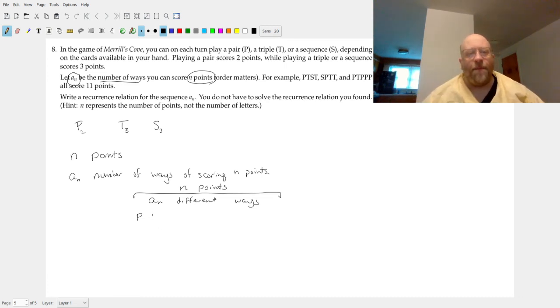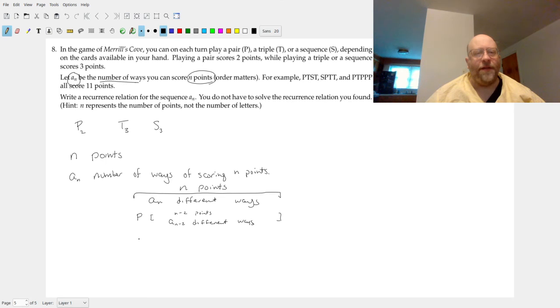But if we start with a pair, then what's left is to score n minus 2 points. And if A sub n is the number of ways of scoring n points, then A sub n minus 2 is the number of ways of scoring n minus 2 points. That's if I start with a P.